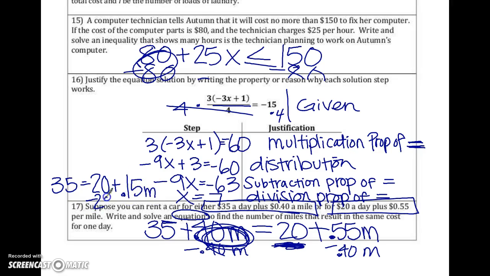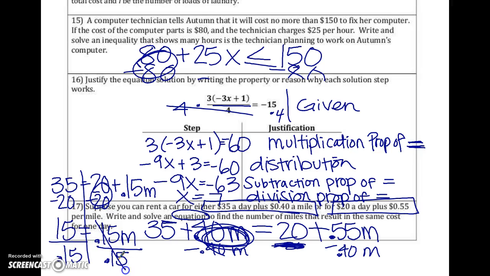And we're going to subtract our 20 to get our m alone, which is the goal. So we got 15 equals 0.15m. Divide out 0.15 on both sides, and we get 100.